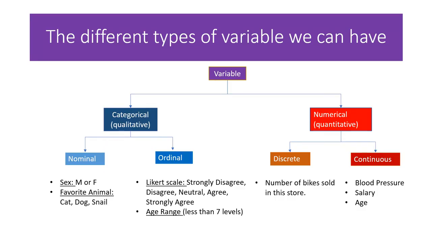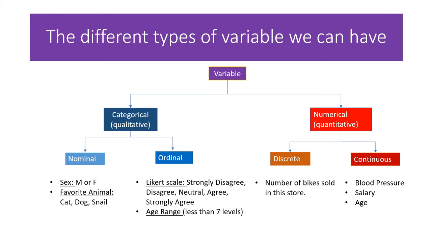So, what is a categorical variable again? In a data set, the rows are the participants and the columns are the variables. A variable can be either categorical or numerical. A categorical variable can be nominal, so it takes names as values, like a favorite animal column that could be a cat, dog, or a snail.